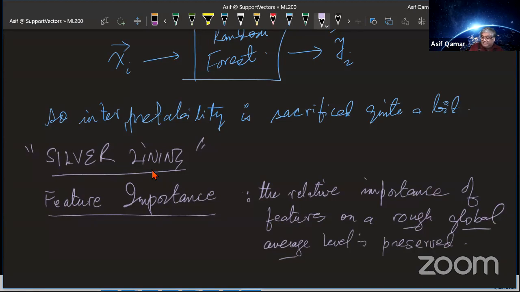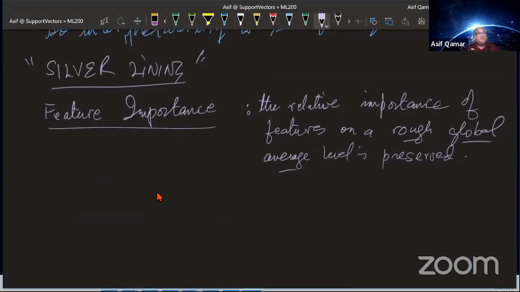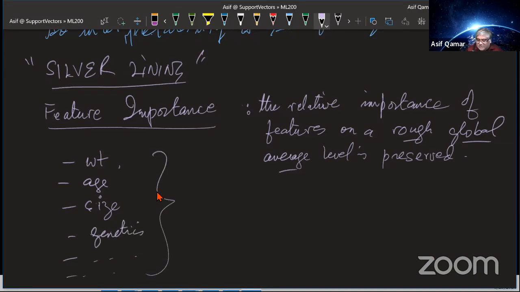Forget the rough global average word for a moment. Suppose you're talking about diabetes, and let's say weight is a factor, age is a factor, and weight or size of the person. And maybe the two put together make a BMI, but let's skip that. And your age and a few other factors, genetics, and so on and so forth. And you're trying to determine, given all those factors, is the person likely to be at risk of diabetes or not?